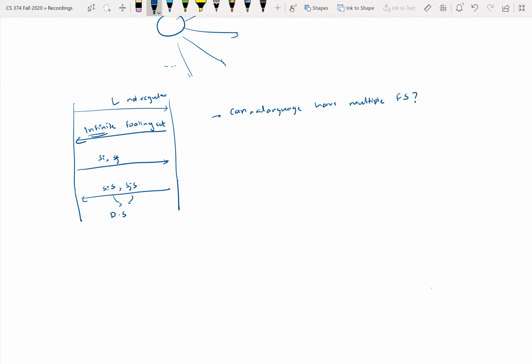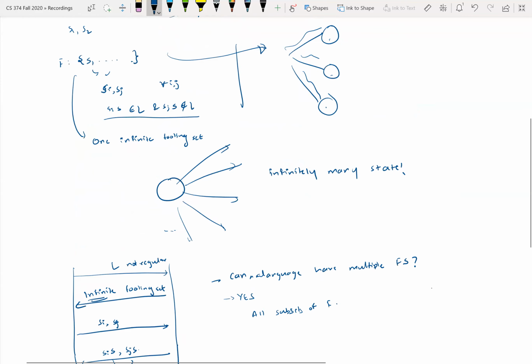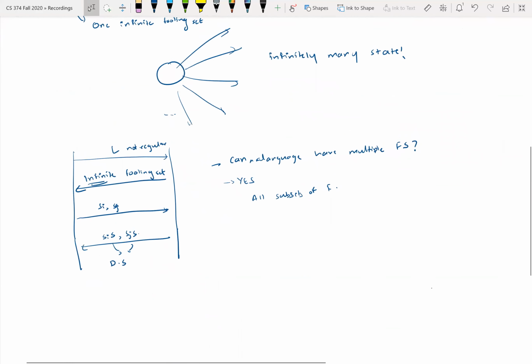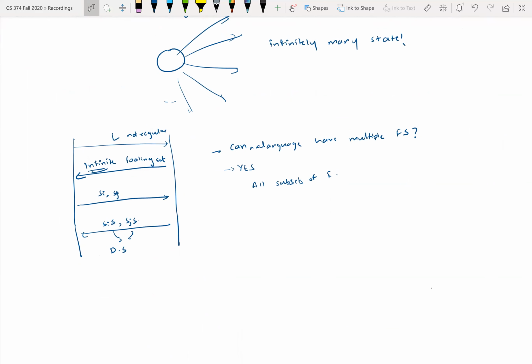And the answer is yes, a language can have multiple fooling sets. All subsets of any fooling set will also be fooling sets, because the definition of a fooling set just says that it is a set of strings such that for any pair of strings, we have a distinguishing suffix. If it is true for a set, it is true for every subset of it. So a language can have multiple fooling sets.